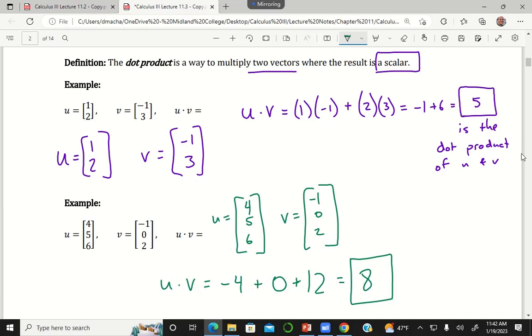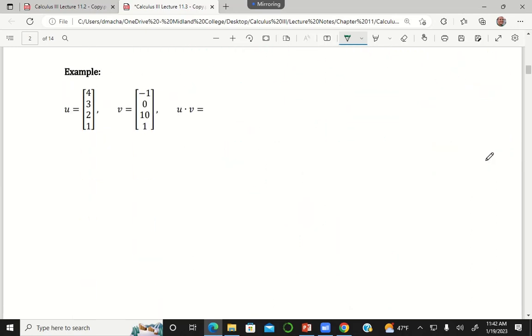Does this make sense? Okay, this should be an easy operation to memorize. Okay, one more, and we'll move on.